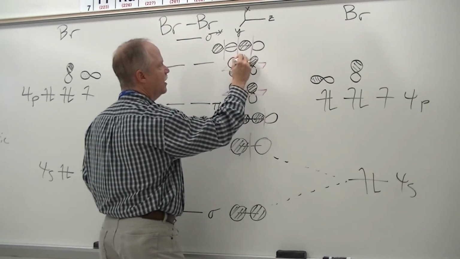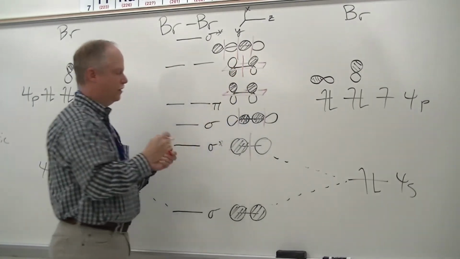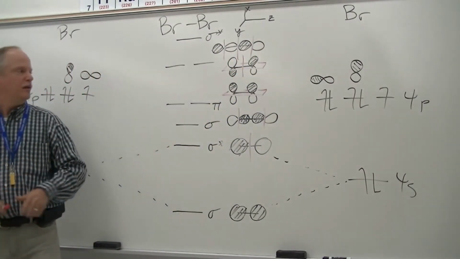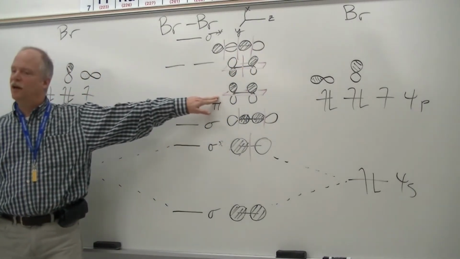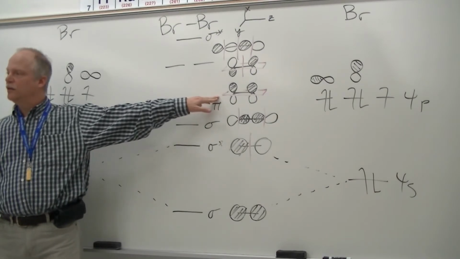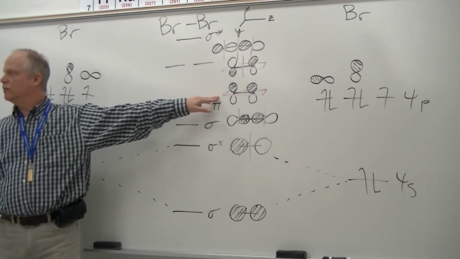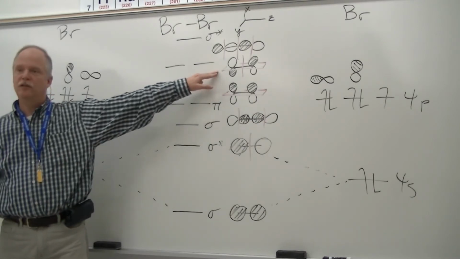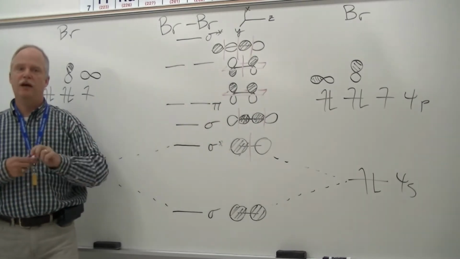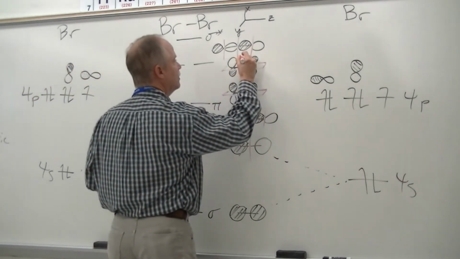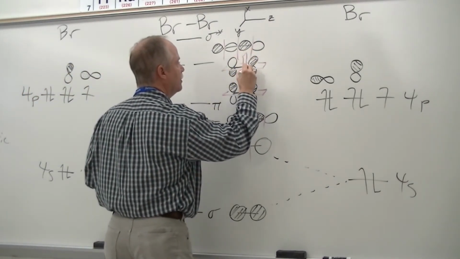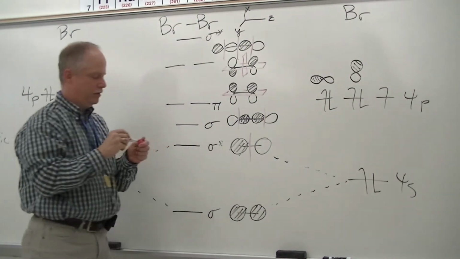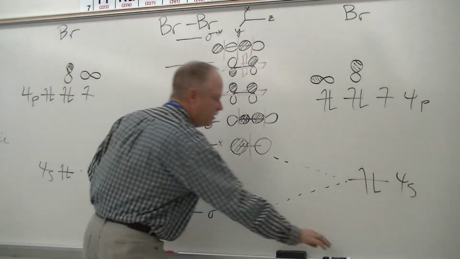But this one has a node in the middle that breaks the bond. So this one has a node, but that node does not break the bond. So it's still a bonding orbital. This one has a node that does break the bond. It's between the two atoms. In fact, it's also a planar node, if you want to think of it. So that's going to be pi star.